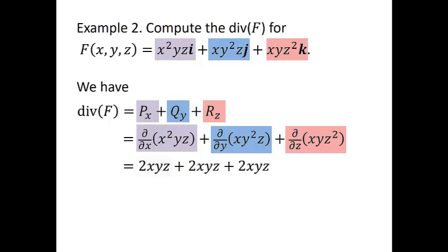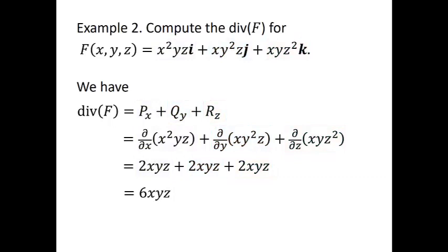And so we get 2xyz plus 2xyz plus 2xyz. So the divergence of F in this example would be 6xyz. Notice again we're getting a number for the divergence, whereas we got a vector for the curl.